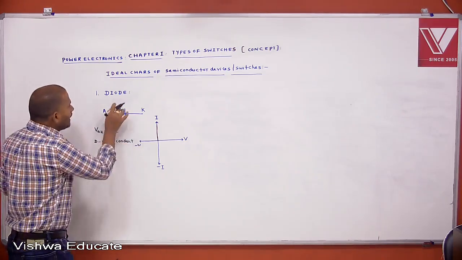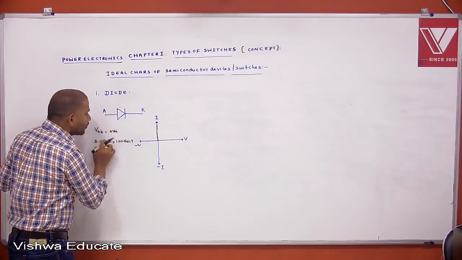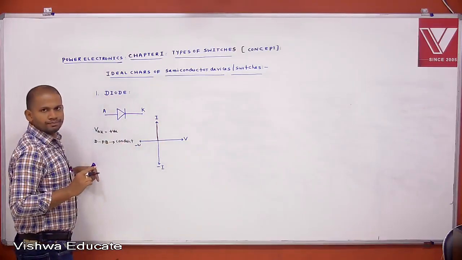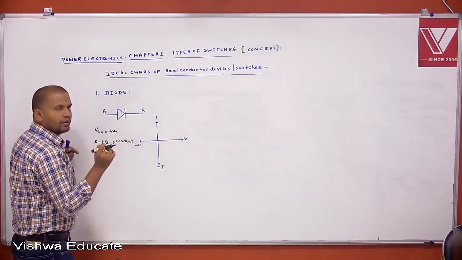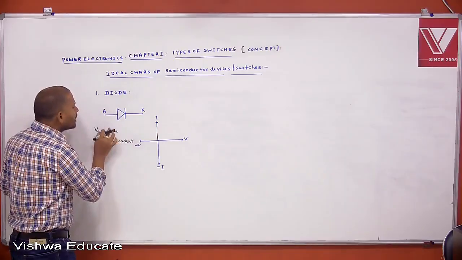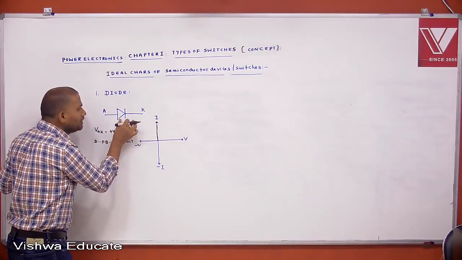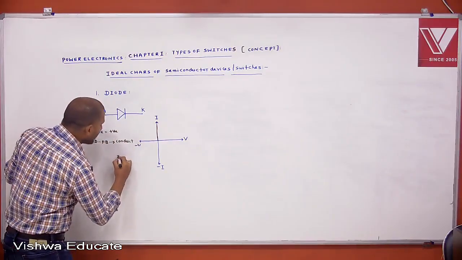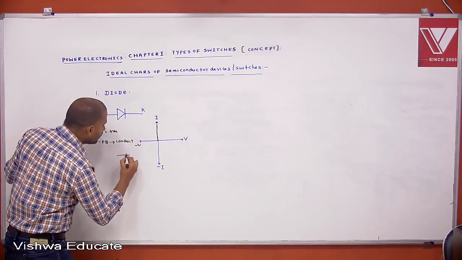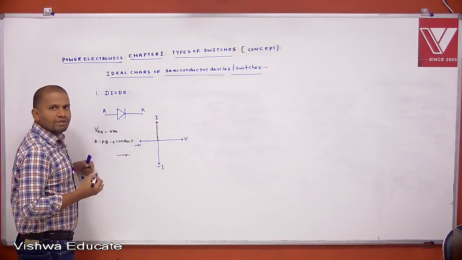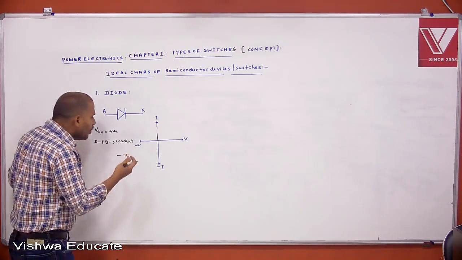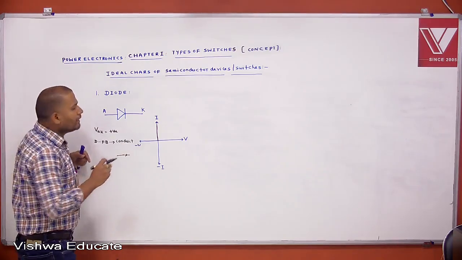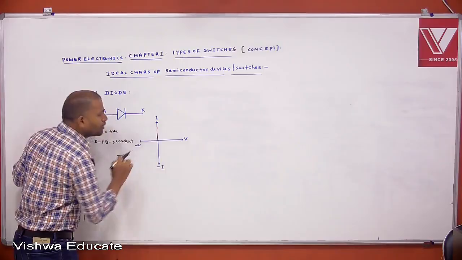That means the diode cannot block the forward voltage. We don't get any characteristics on this side because it is a positive voltage. If any forward or positive voltage is applied across the diode, it starts conduction, and when it conducts it acts as a closed switch. Once it acts as a closed switch, is there any voltage blocking? No. Understood? That's why it cannot block the forward voltage.